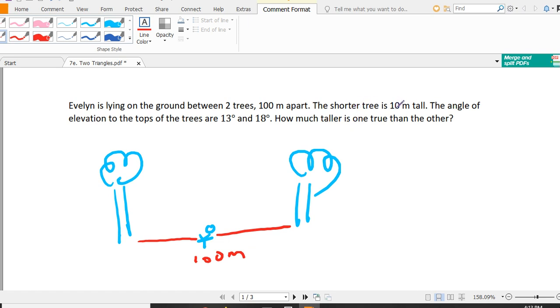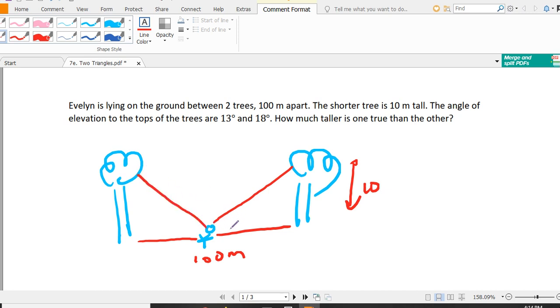The shorter tree is 10 meters tall, so let's say this is 10. Now the angles of elevation to the top of the trees are 13 and 18. Let's use intuition for a second.